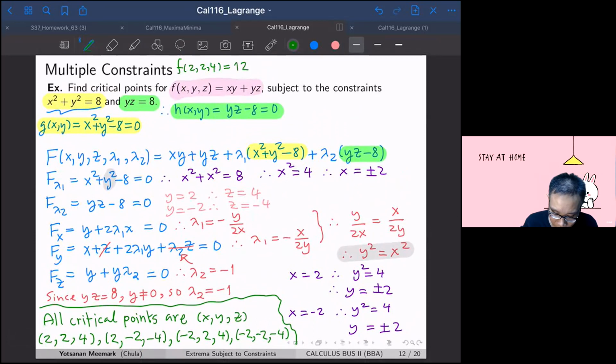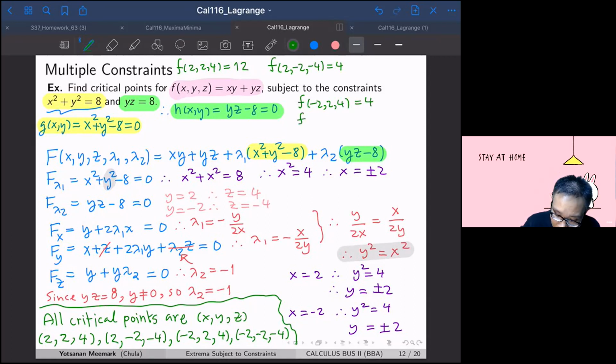I think this one should give you the highest one. Let's compare the others. At (2, negative 2, negative 4), it's going to be negative 4 plus 8, so it's going to be 4. And f at (negative 2, 2, 4), it's going to be negative 4, so 4 again.